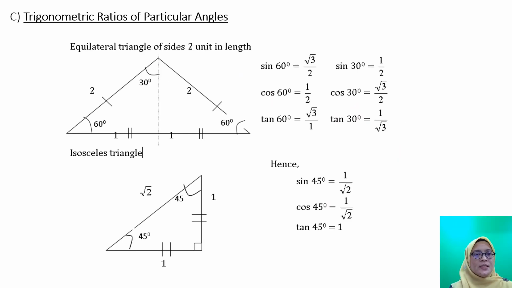Okay, so next is trigonometric ratios of a particular angle. So particular angle, or we call it as special angle. So special angle tu adalah angle yang kita, so ini special angle.